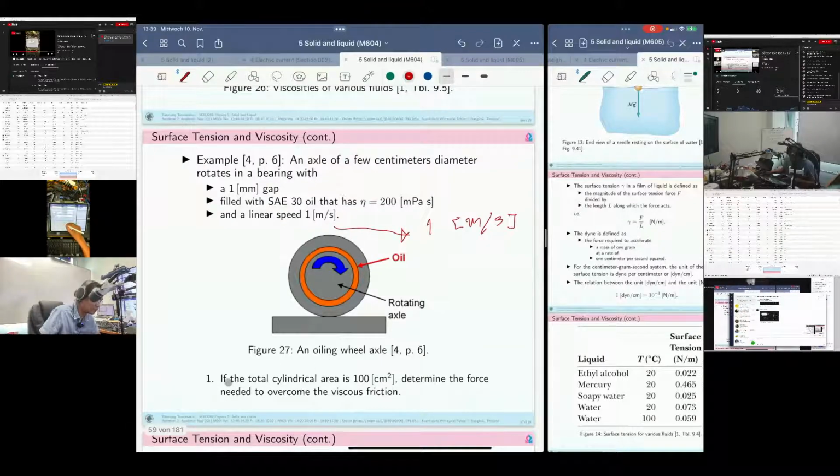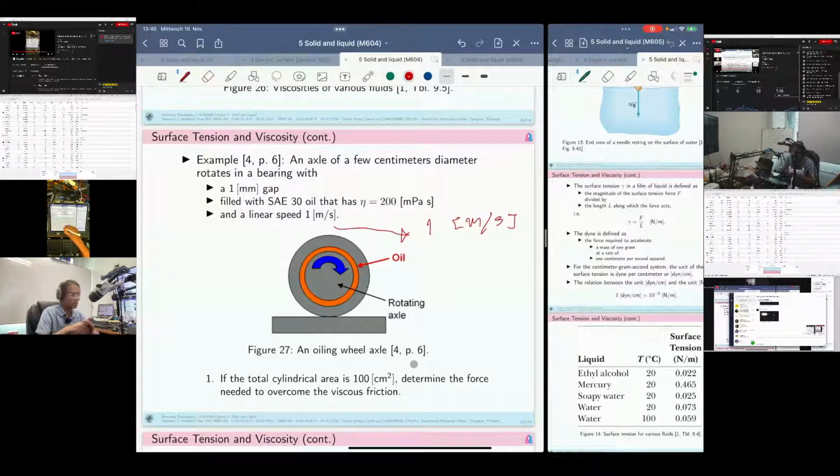Then we arrive at the question: if the total cylinder area is 100 square centimeter, so the area inside this bearing is 100 square centimeter. Neglect the depth difference and determine the force needed to overcome the viscous friction.